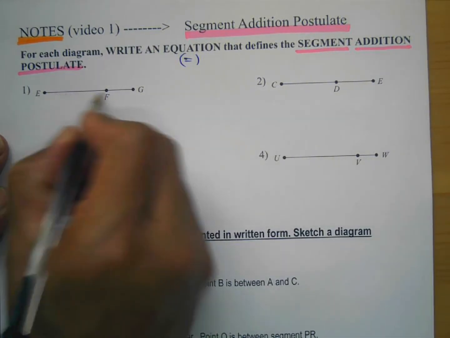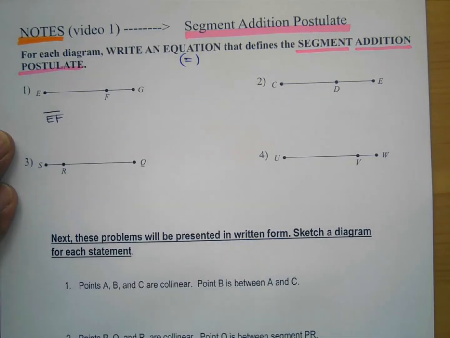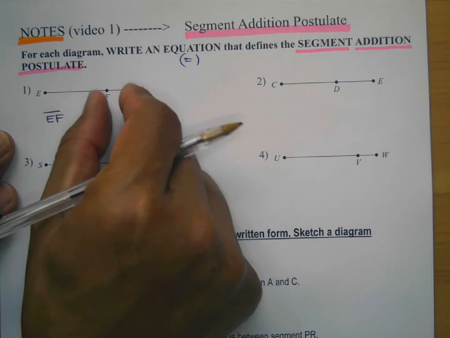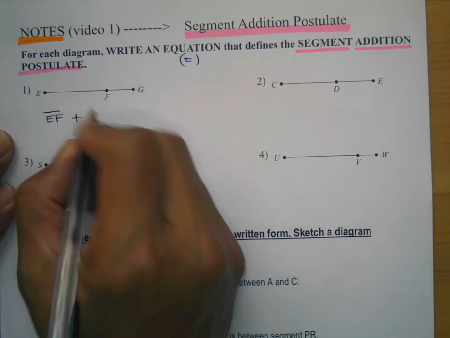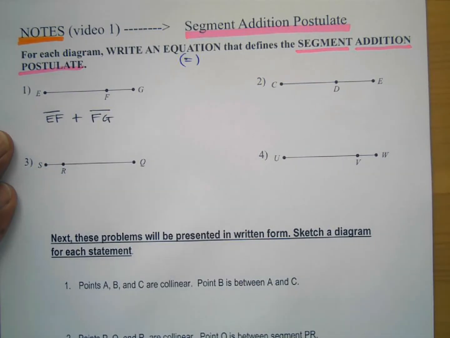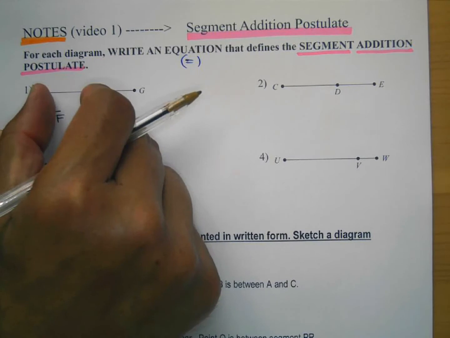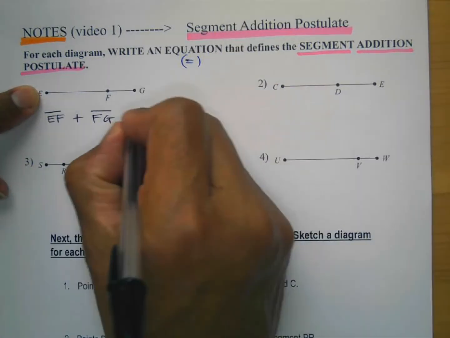Well, that would be this first part, which is segment EF, added, and you add what? This other part of it that continues here, which is segment FG. If I add this part with this part, it'll be equivalent to what? It'll be equal, right?